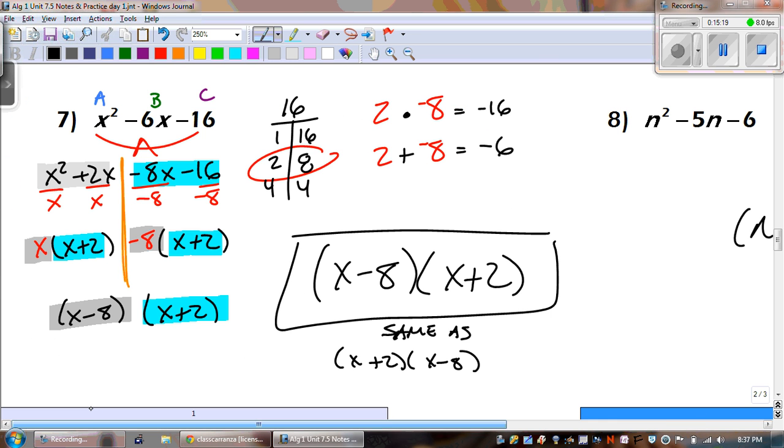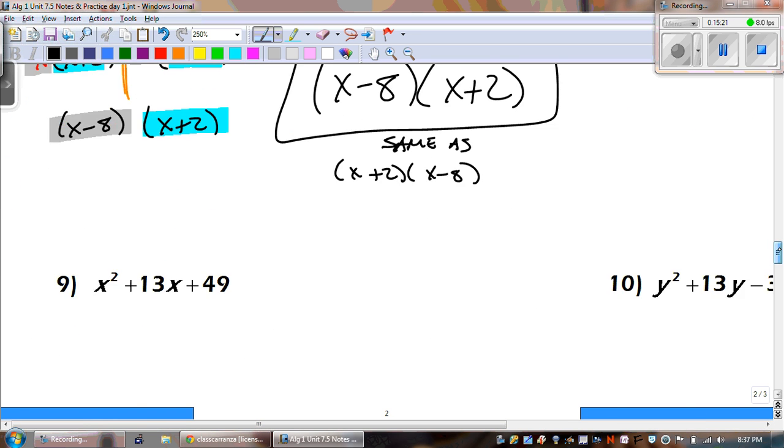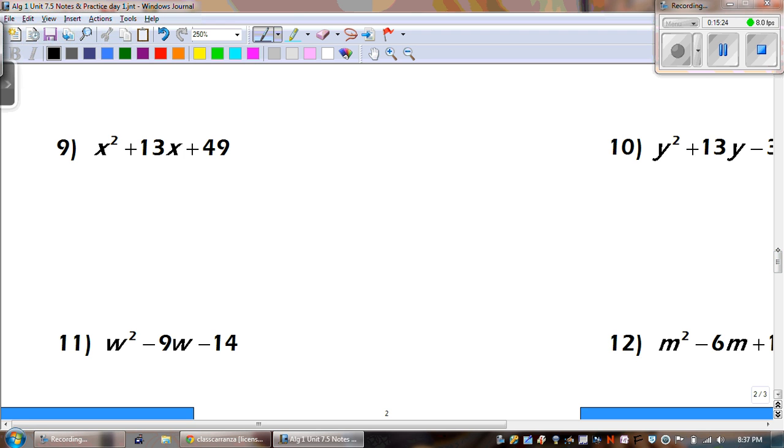So the last ones we're going to talk about are the bottom ones. So we've got our A, B, C. Multiply, and we get 49. The factors of 49 are 1 and 49 and 7 and 7.